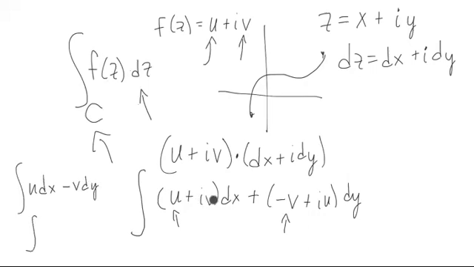You also have the part where you can factor out the i, and then you have v dx, and then a plus u dy. Okay, so we have this going on right here, and we're adding these together. So we can really think about this as being a line integral.